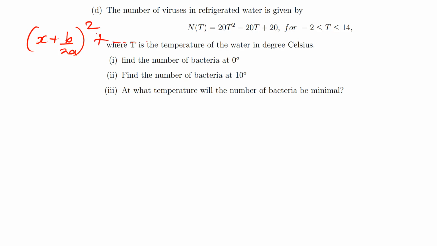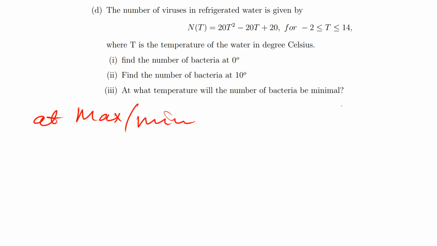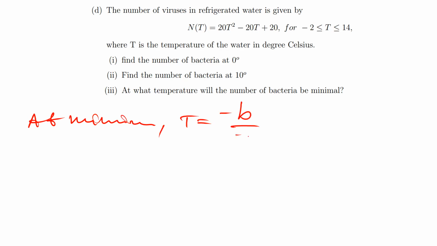This part is the one you use to find the temperature at which the bacteria will be either minimal or maximum. In this case we're dealing with minimum, so at minimum, the value of t is negative b over 2a.